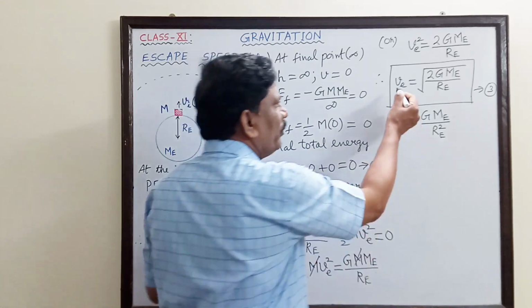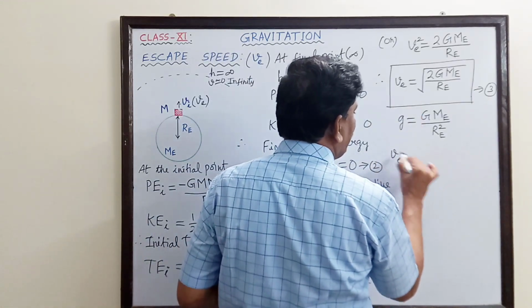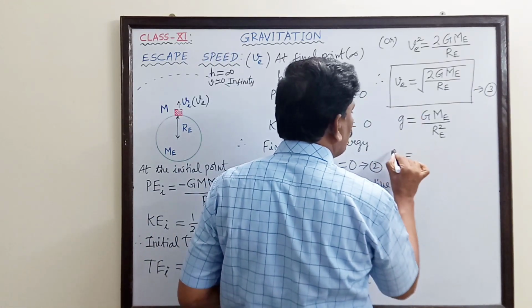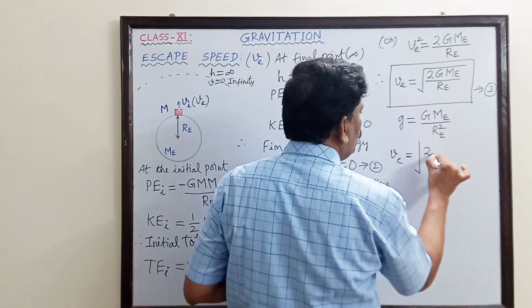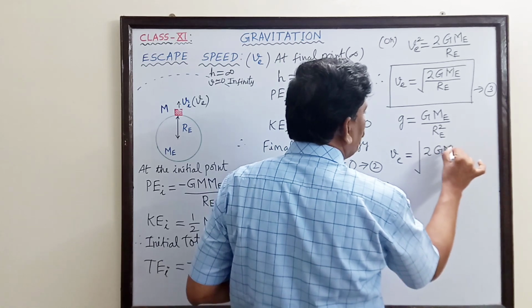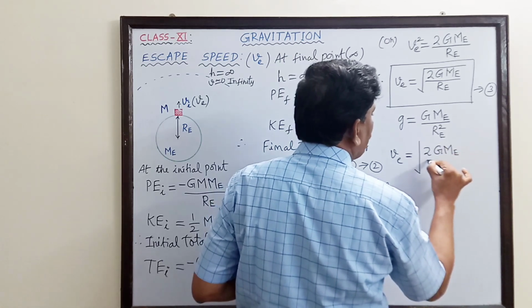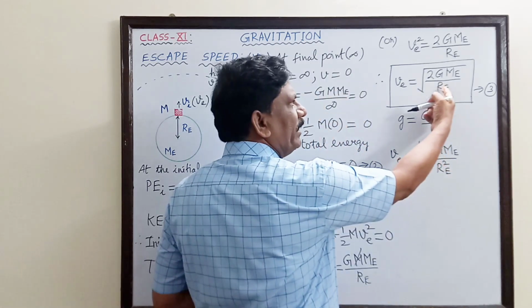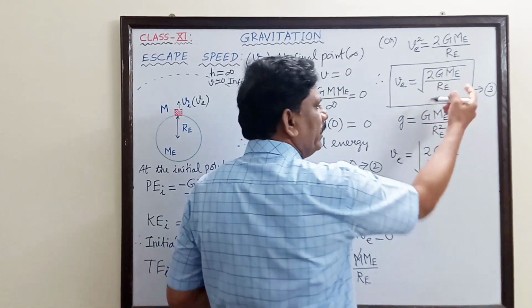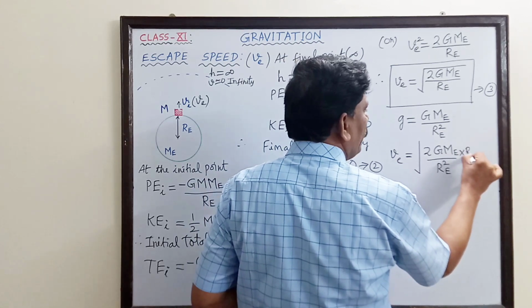So the above equation, V escape, is now equal to the square root of 2G ME divided by RE square. So I have multiplied here RE into RE, so in the numerator also I should multiply what?